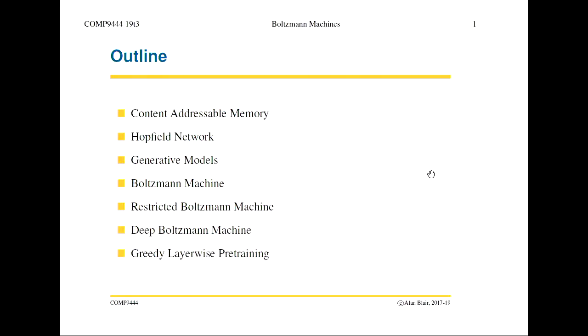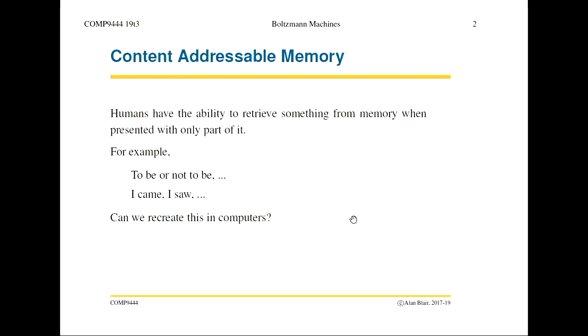Right, so we'll talk about content addressable memory, Hopfield networks, generative models, Boltzmann machine, restricted Boltzmann machine, and deep Boltzmann machine. We start out with the Hopfield network. This is inspired by the ability of humans to have a kind of content addressable memory.